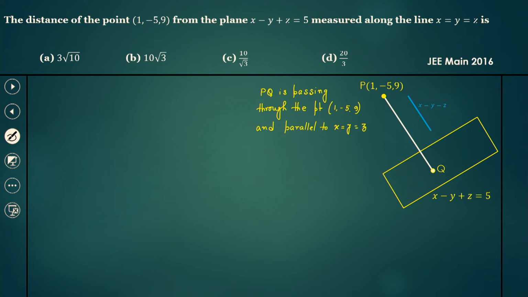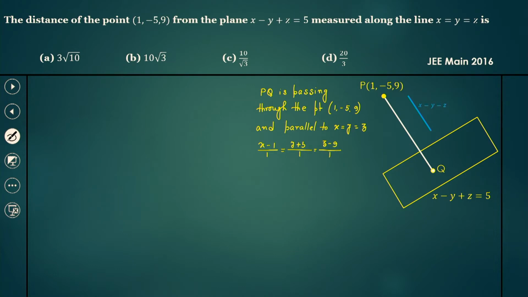So the equation of the line PQ is definitely (x minus 1) divided by 1 equal to (y plus 5) divided by 1 equal to (z minus 9) divided by 1.